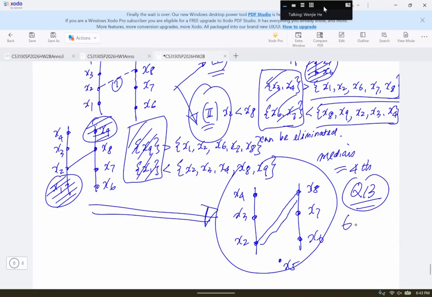Our answer, 6 comparisons, right? But in the first round, you use 1. So 1 plus 6, 7 comparisons.